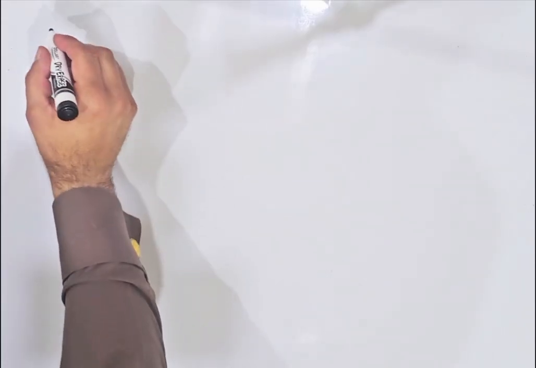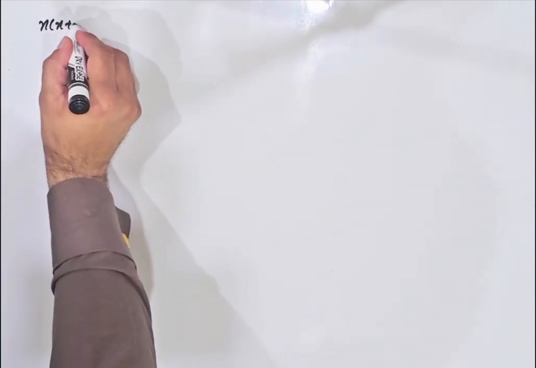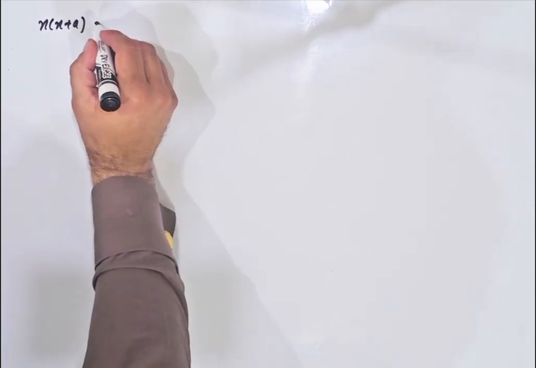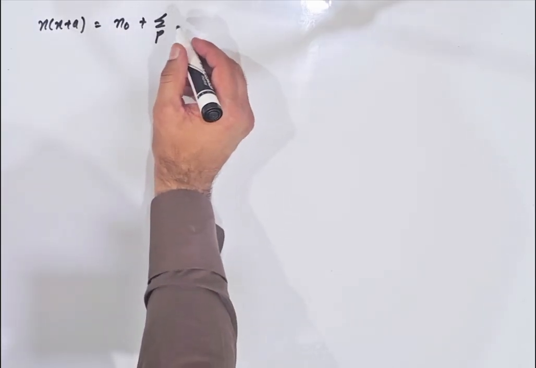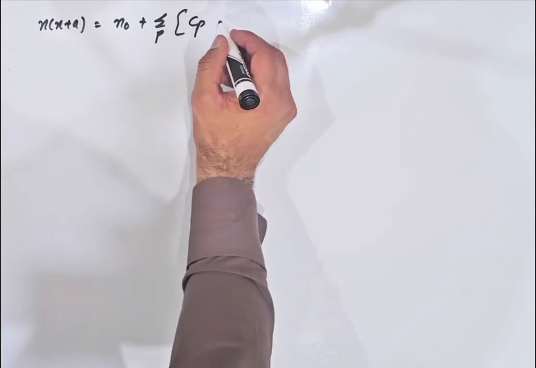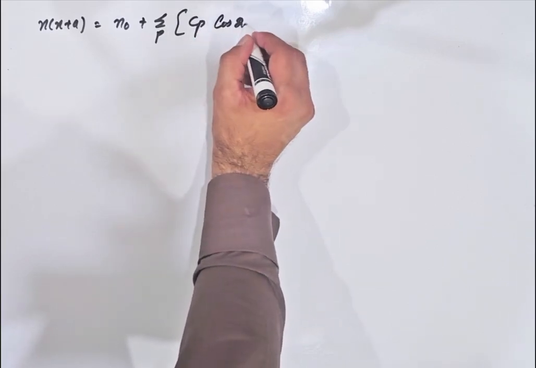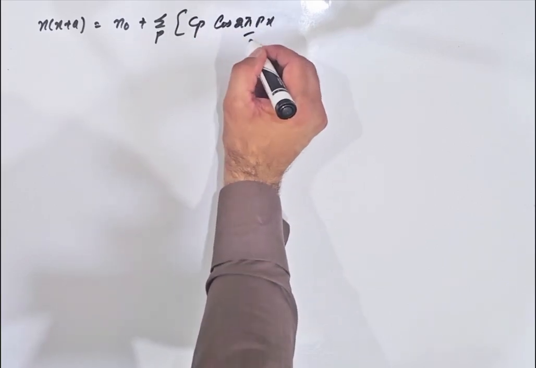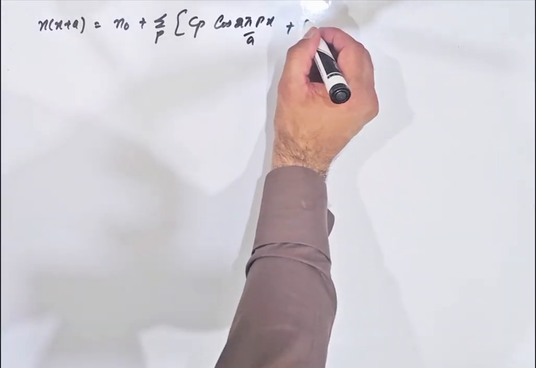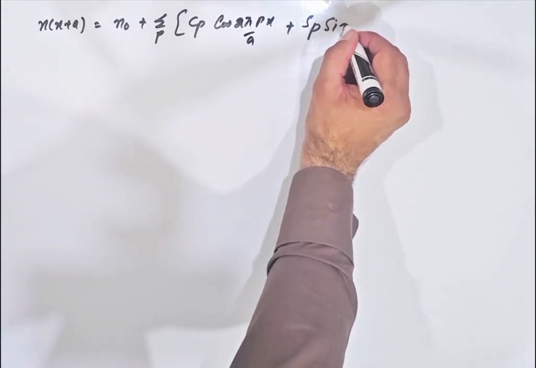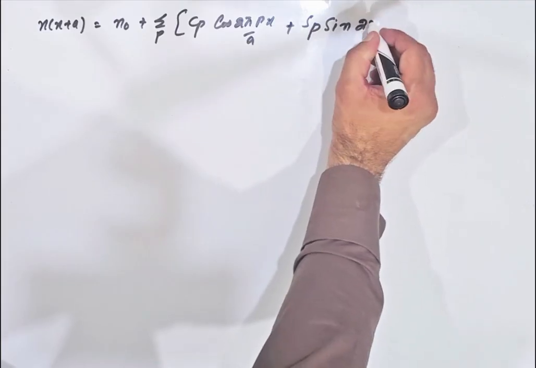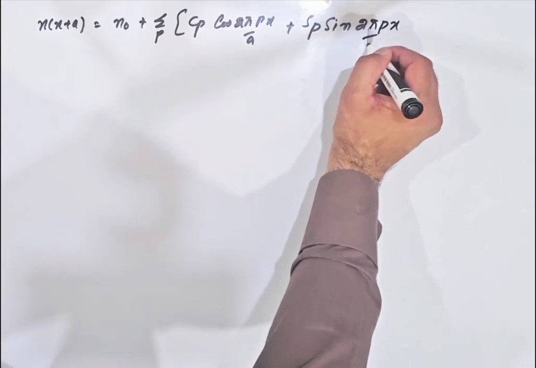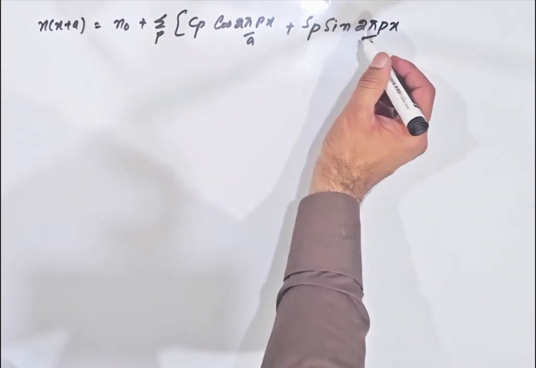Thus the equation for n(x plus a) will be equal to n naught plus summation over p of cp cos 2 pi p x by a plus sp sine 2 pi p x divided by a.